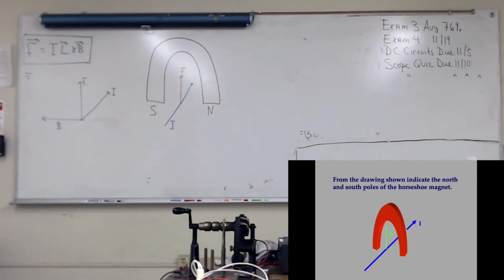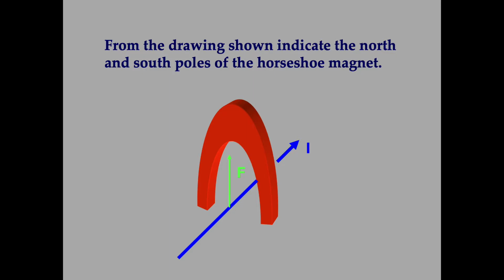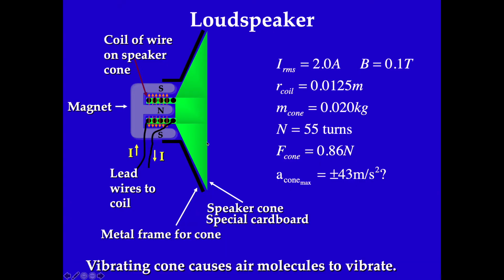So here's an interesting application. It's the speaker. Your loudspeaker is basically a special cardboard cone around a metal frame, and behind it is a permanent magnet with a coil of wire wrapped around.